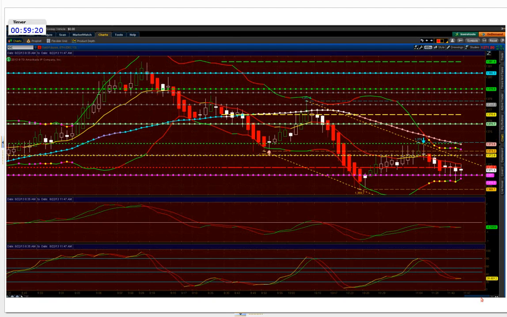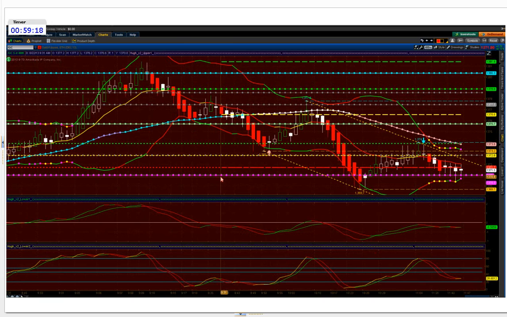Okay, so now what we're seeing here is we also have Fibonacci-based pivot extensions, and these are all based on Fibonacci levels. We call these resistance zones and support zones, and it's based off a pivot point.